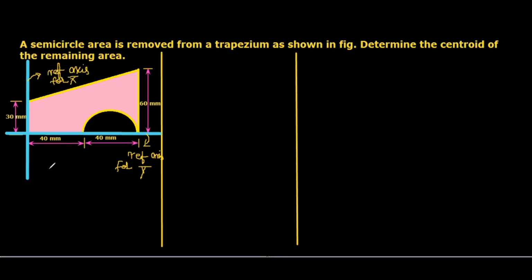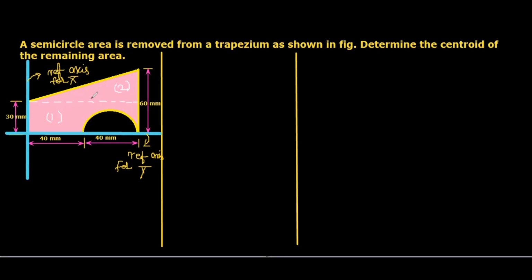Okay. So here, for our convenience, from the trapezium this semicircle is going to be removed. But for our convenience, we are going to consider this trapezium as two segments. Like this, I'm going to split here. So this one will be the rectangle and this one will be the triangle.